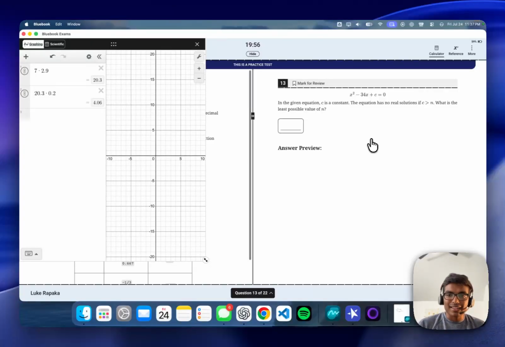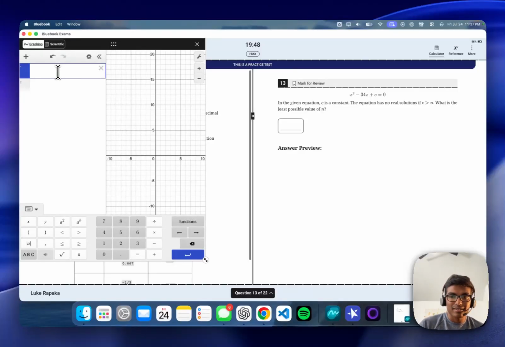Okay, in the given equation, no real solutions. What is the least possible value of n? So this is actually going to be a discriminant question, right? So b squared minus 4ac.